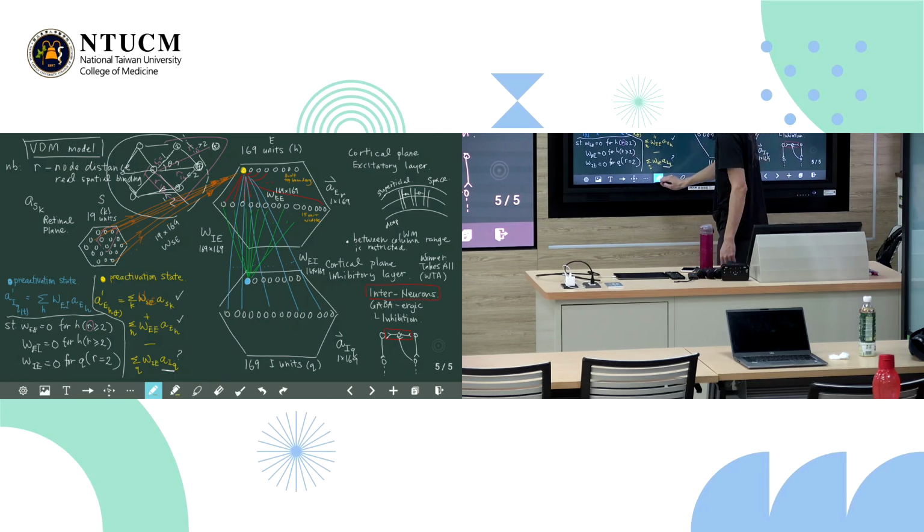Then the red ones are the inputs of the excitatory units to an excitatory unit, so within the excitatory plane, and that's this one.